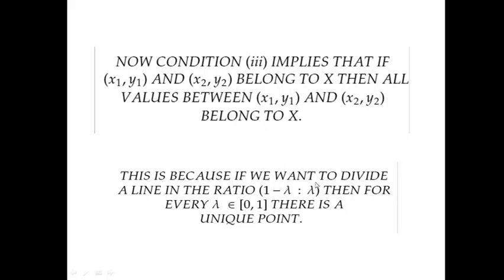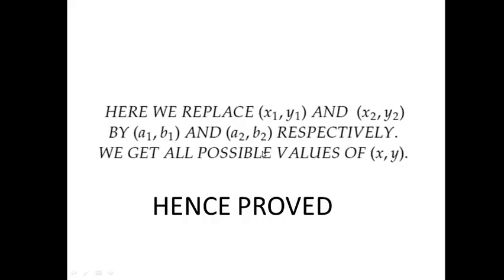This is because if we want to divide a line in the ratio 1 minus lambda is to lambda, then for every lambda belonging to [0, 1], there is a unique point. Yes, we have done this. So what we have not done is that we replace x1 by a1, because x can take values from a1 to a2.